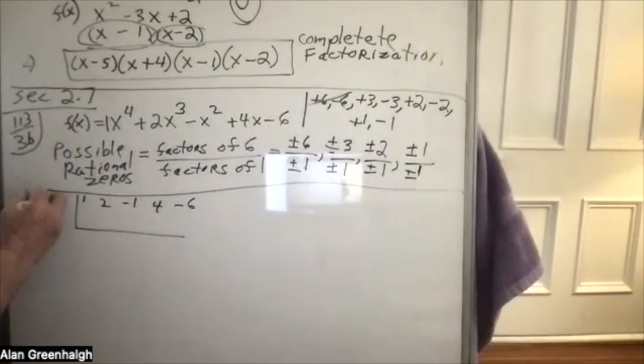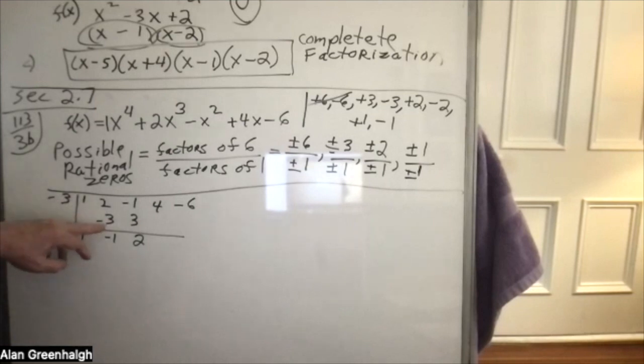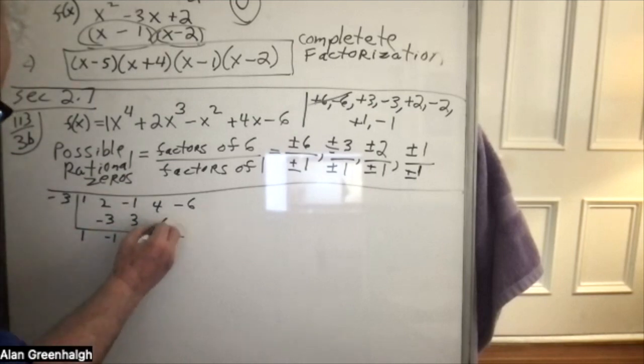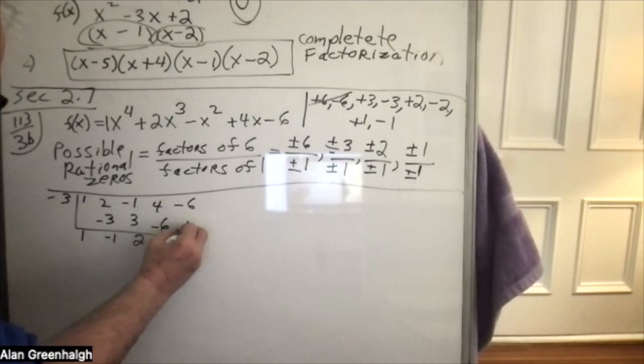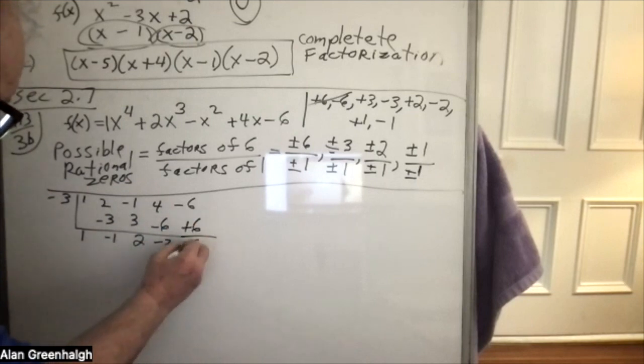Good. Try it. You may have done this at home. It gave us the exact one. So: 1, -3, -1, +3, 2, -6, -2, +6. You knew this, right?